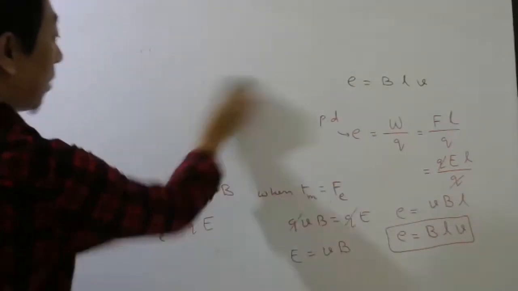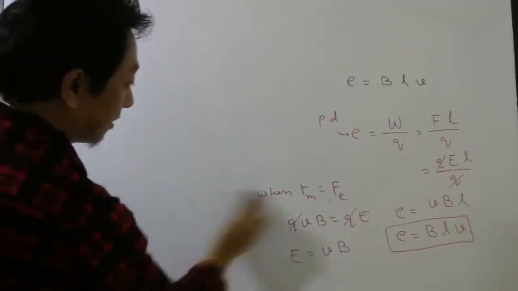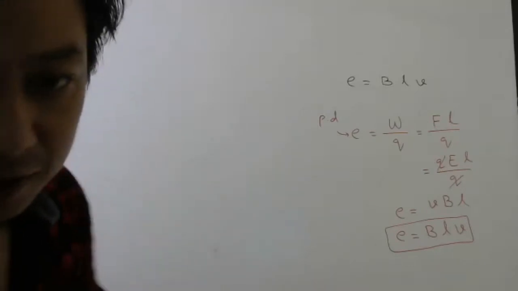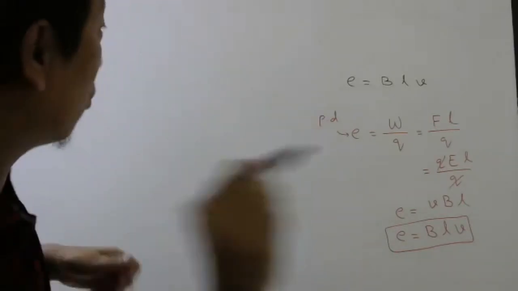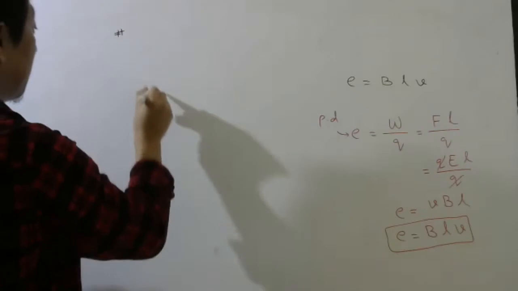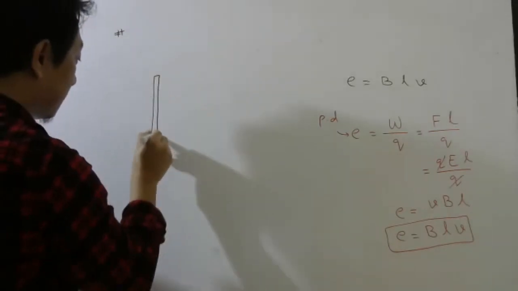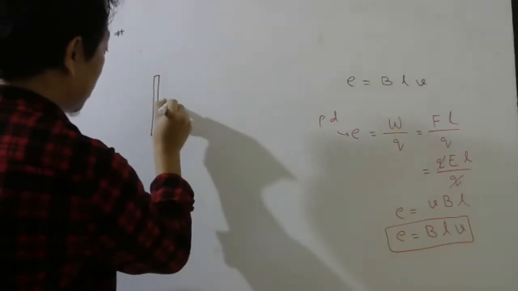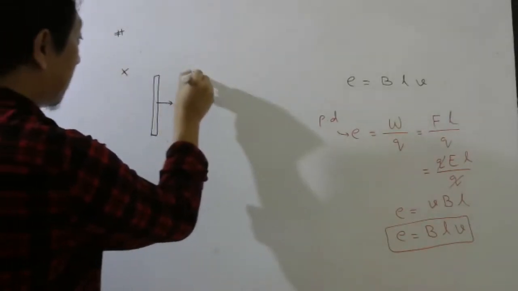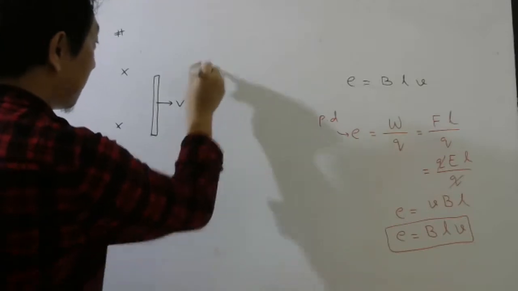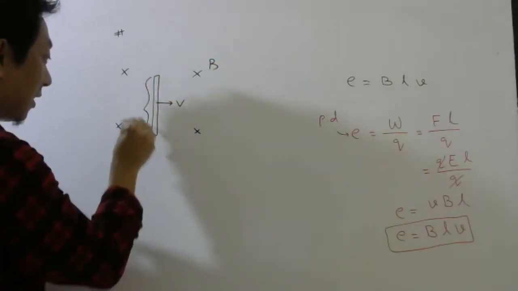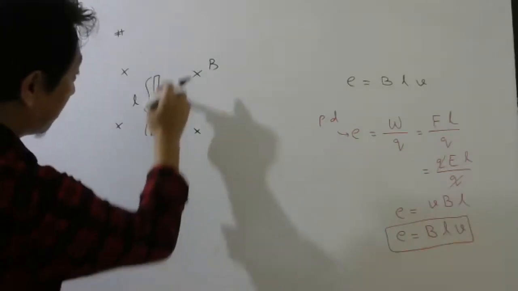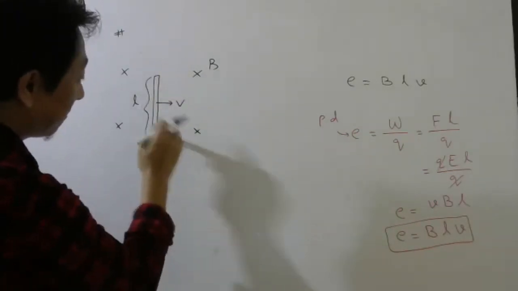Now, what you should remember, students, please see carefully. What you should remember is not all these details, beta. No need to remember all these details. What you should remember is this. If there is a rod which is moving with velocity v in a perpendicular magnetic field and the length of the rod is L, then there will be an EMF, a potential difference, produced between the ends.